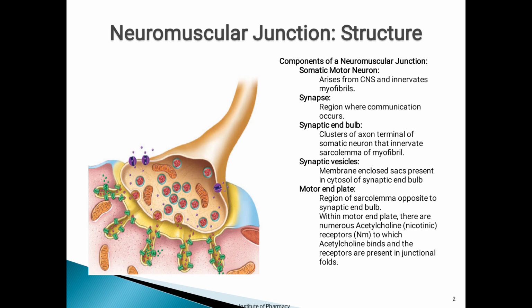Now this is a somatic motor neuron. This neuron will carry a signal from the brain, which is called a nerve action potential. Once the signal reaches this region, it will open the voltage gated calcium channels. What you can see here in purple, they will open.